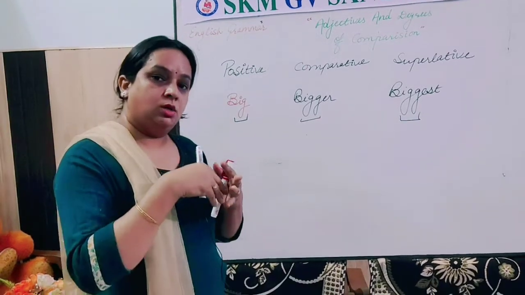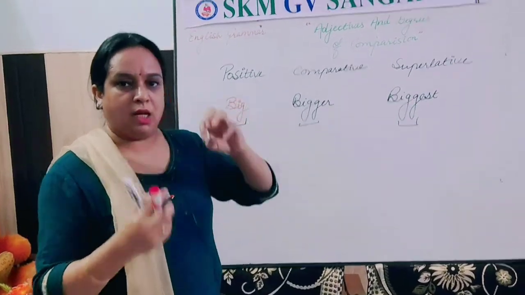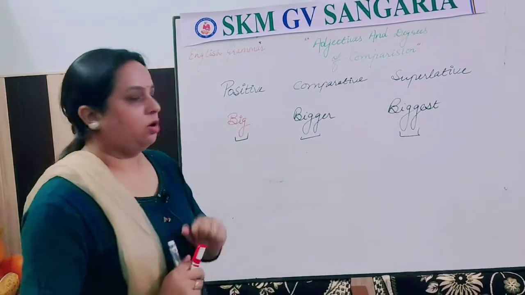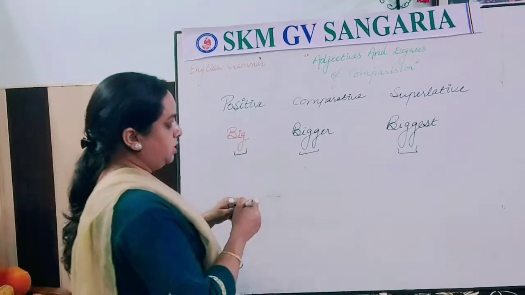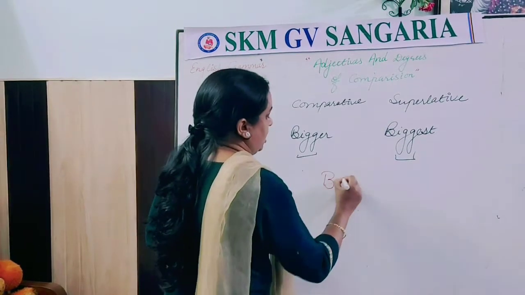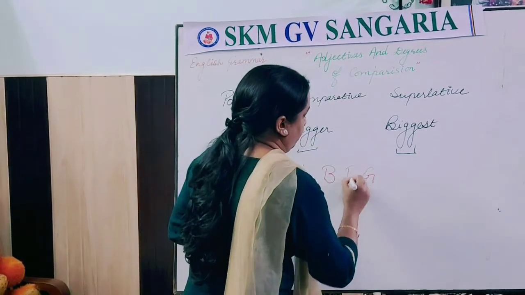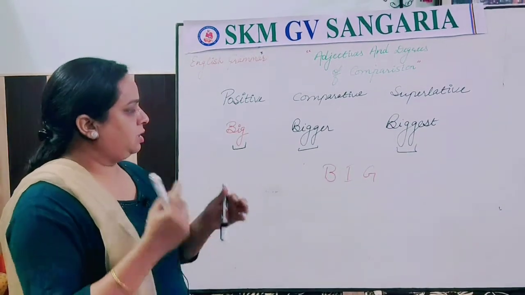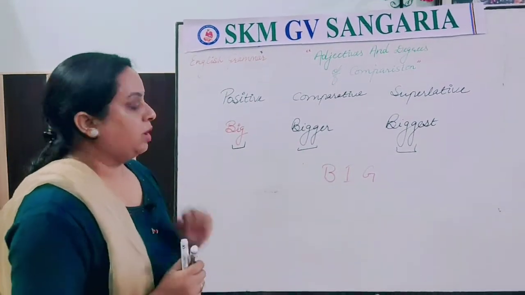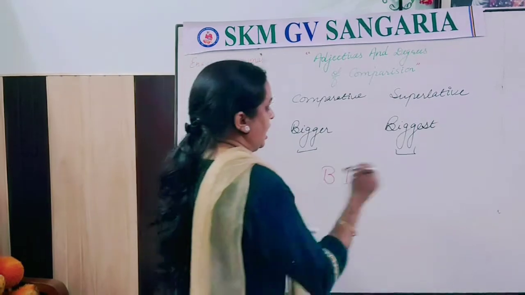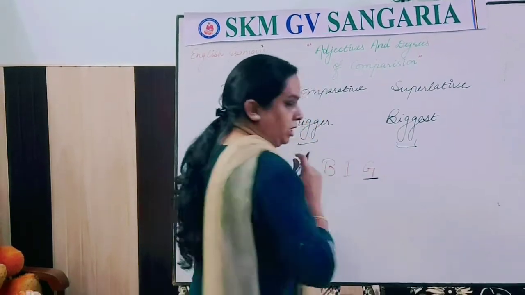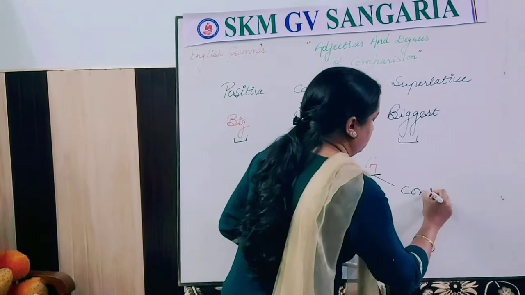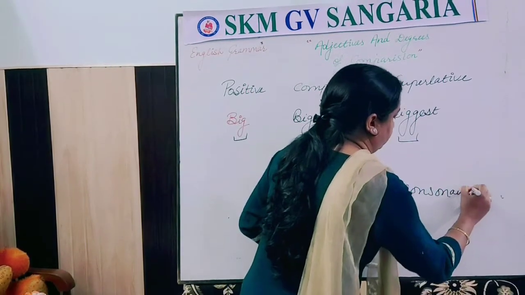Now how? Every time you will not mug up the spellings; there is something which you have to always keep in mind. What is that? See, B-I-G, big. Clear? Many spellings have this technique. What you have to notice is that the last letter is G, right? Which is a consonant.